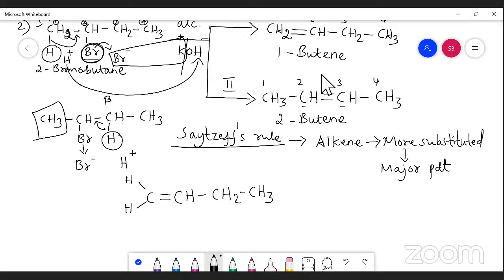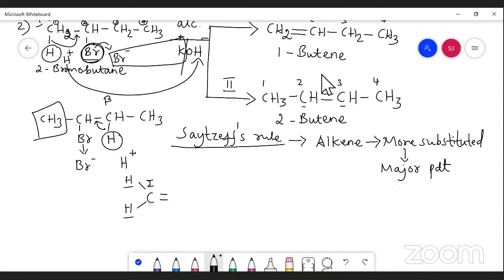Now listen. In the first carbon, how many groups are attached? If you take the first carbon, there are only 2 atoms: one hydrogen and one more hydrogen.